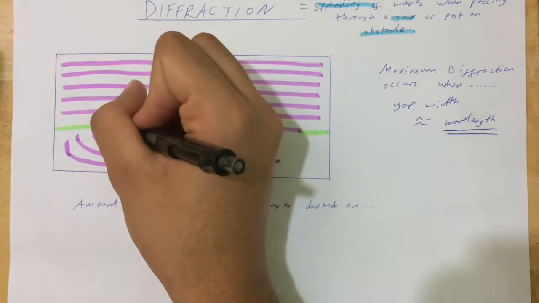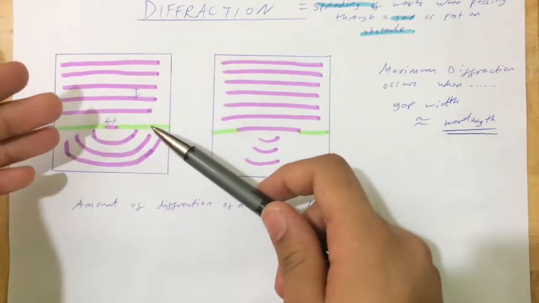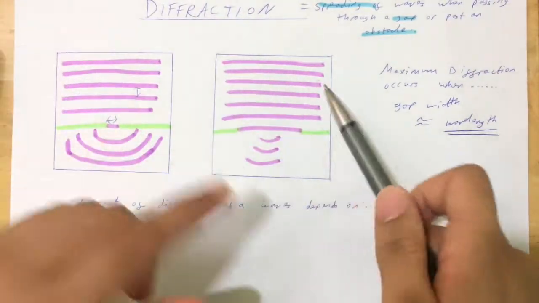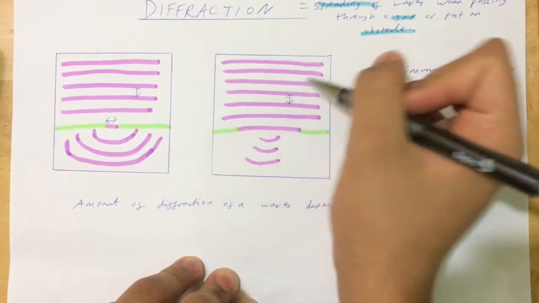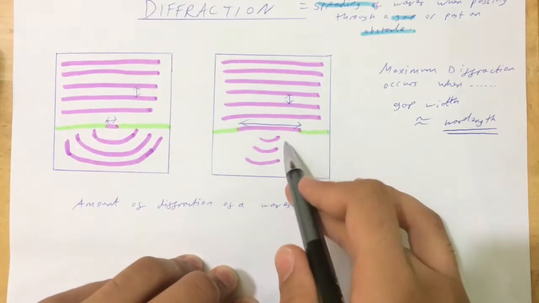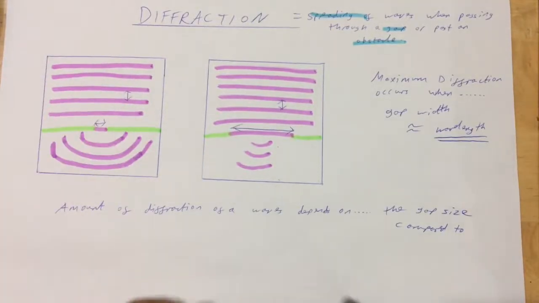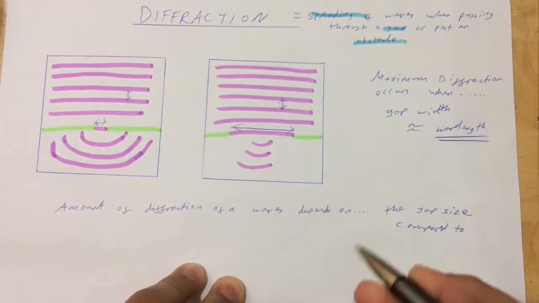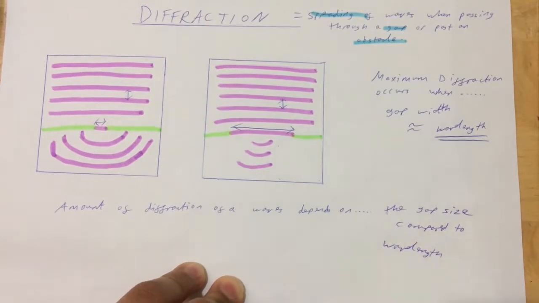It is very similar to the width of the gap, and so there is much more diffraction here. Whereas for the second example, look at the wavelength. It is not similar to the gap at all, and so it diffracts less. It still diffracts, just not as much. So the amount of diffraction of a wave depends on the gap size compared to the wavelength of the wave.